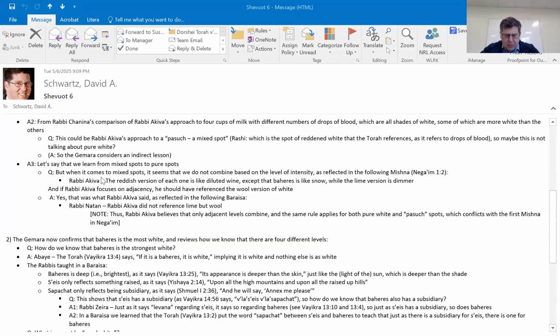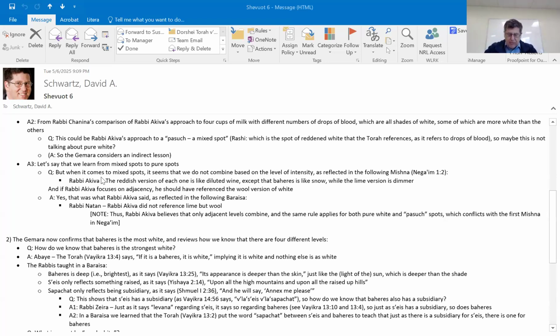In the Brisa, we learned it a different way. In the Torah, in Vayikra chapter 13, pasuk 2, it put the word Sapakas between Seis and Beheres. And so it says Seis o Sapakas o Beheres.